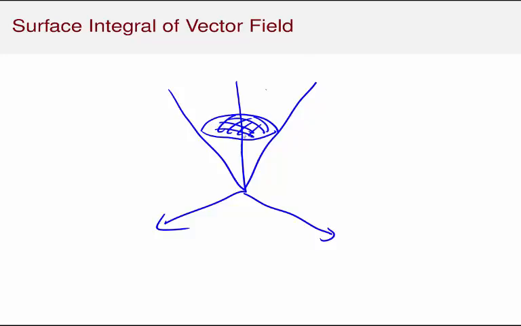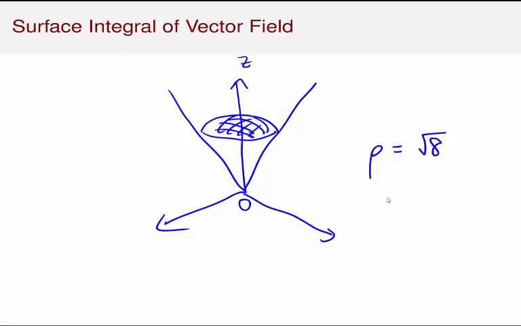One way of parameterizing the surface is by means of the spherical coordinates. In this case, the parameter rho, which measures the distance from the origin, is always a constant. In fact, this is equal to the radius of the hemisphere, which is given by square root 8. So next we are going to determine the range for the parameters phi and theta.